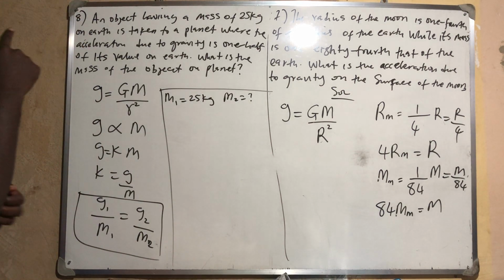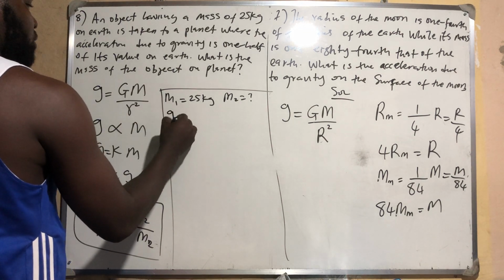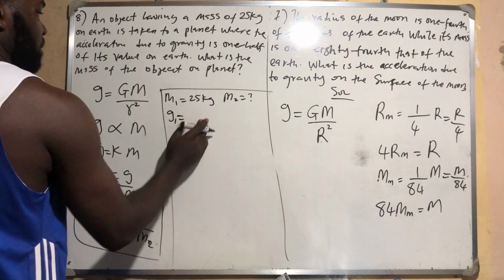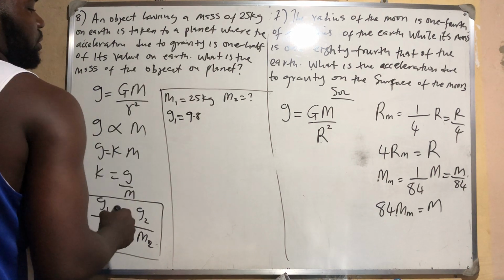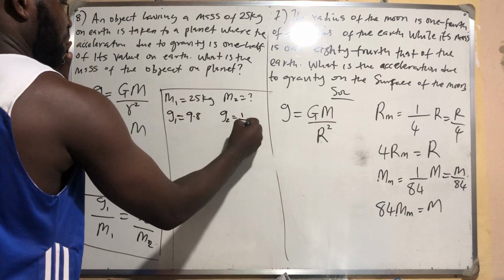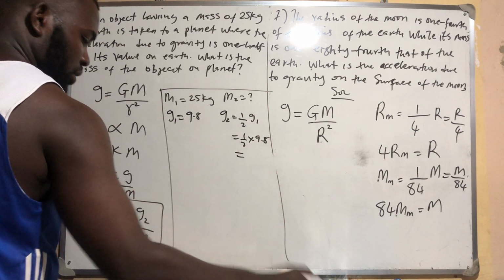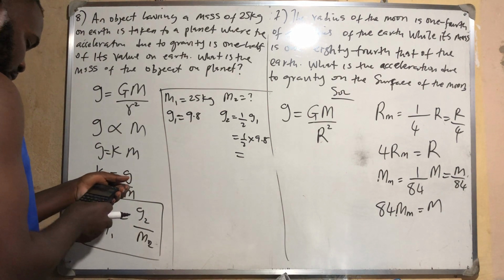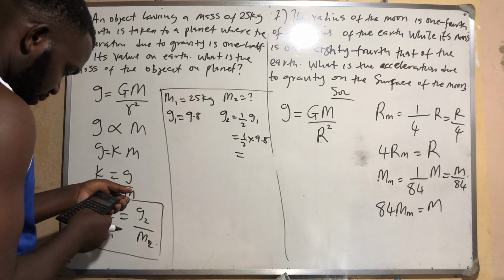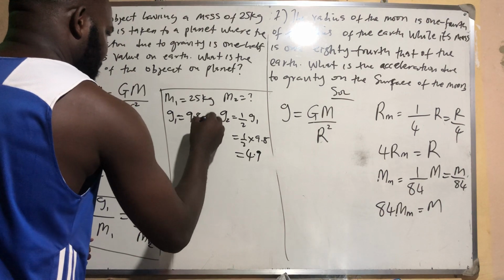This one is the mass on the Earth. g1 is 9.8, then my g2, they said, is half of this: 1 over 2 times 9.8, which is 9.8 divided by 2, so I have 4.9 meters per second squared.